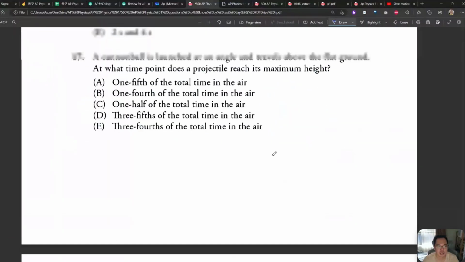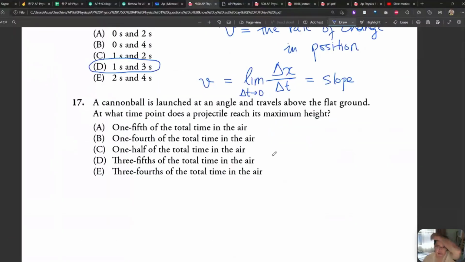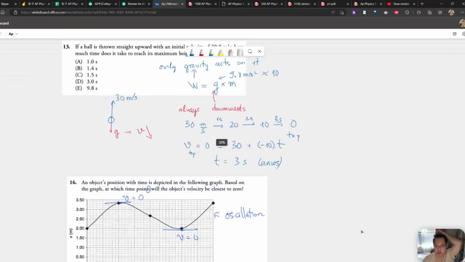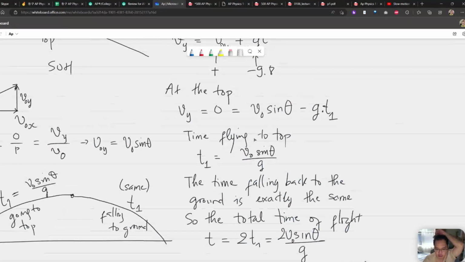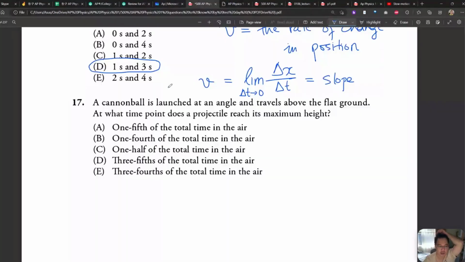A cannonball is launched at an angle and travels above the flat ground. At what time point did the projectile reach its maximum height? Looking back at the projectile motion part here, the time it goes to the top, T1, is determined by V0 sine theta over g.